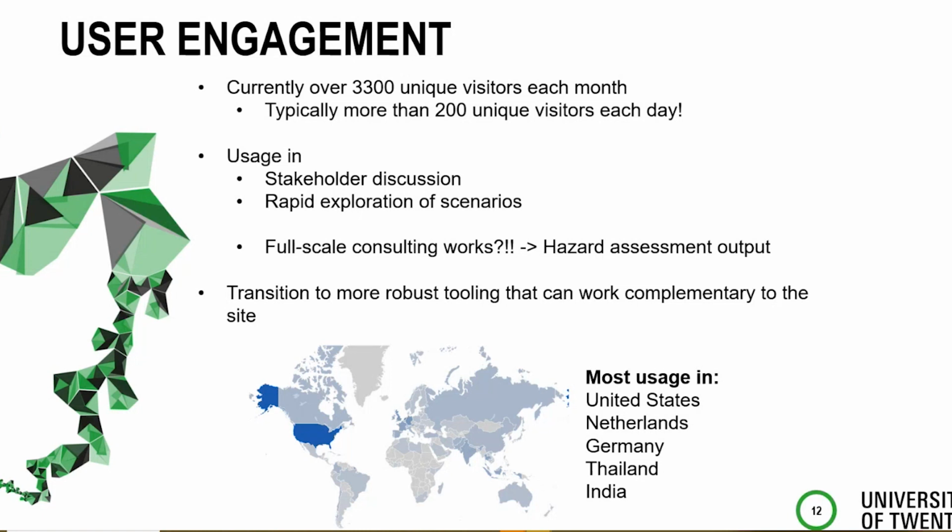So we're trying to transition maybe to more robust tooling that can work complementary to the site. It's great for stakeholder discussion and rapid explanation of scenarios, but if you want to run 1,000 scenarios in an automated way, maybe not. Or maybe you want offline automated operation, you can imagine. There is, by the way, some automatic calibration in the tool. I didn't show that. Maybe we have time at the end.